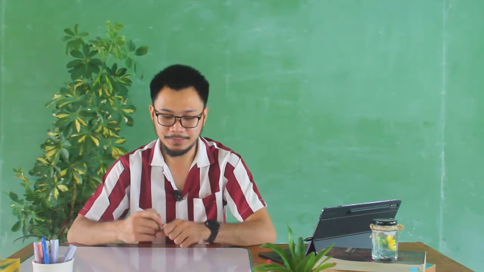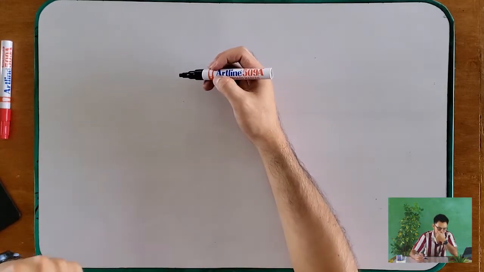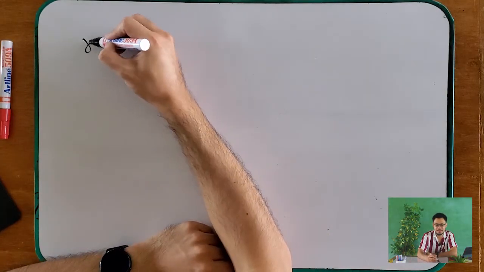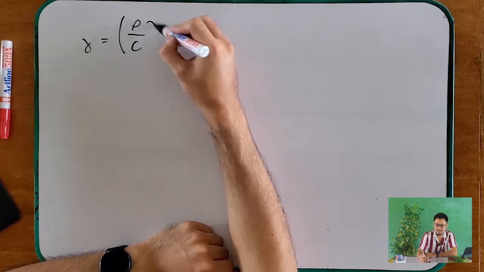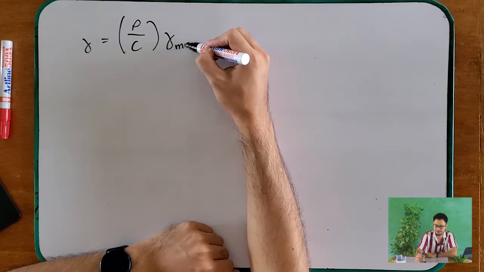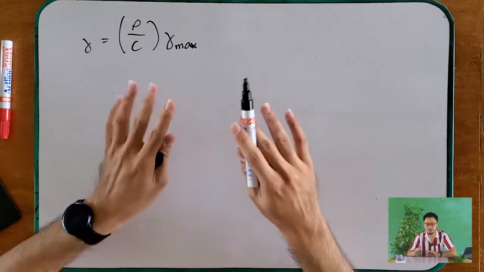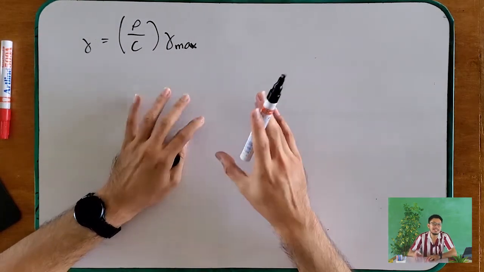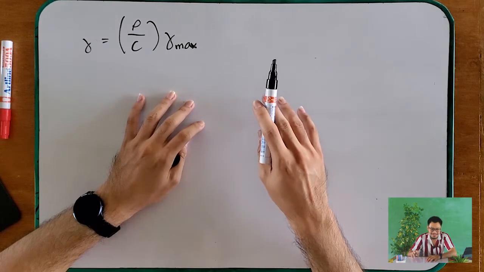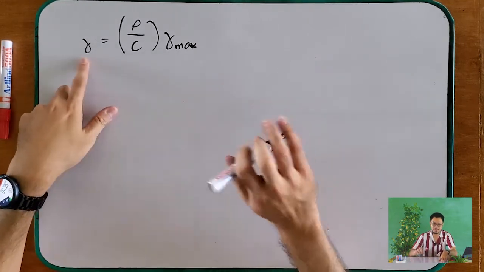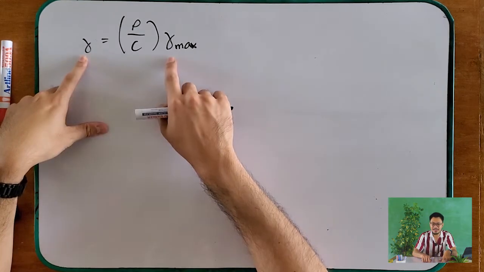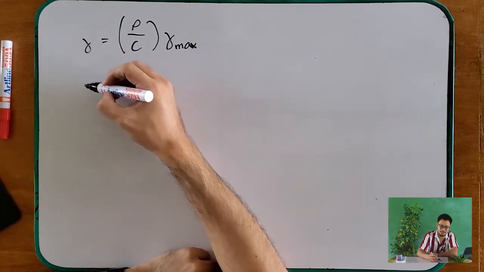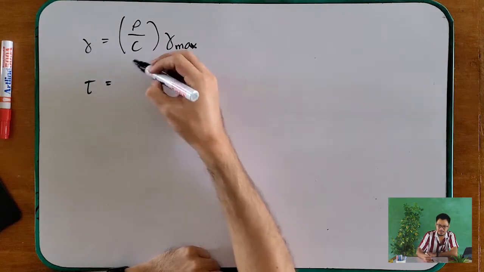So as you can remember in our earlier equation, you have gamma is equal to rho over C times your gamma max. And again, if we are dealing with linearly elastic materials, then we can simply change this shear strain here into your shear stress. So we can also apply this one.